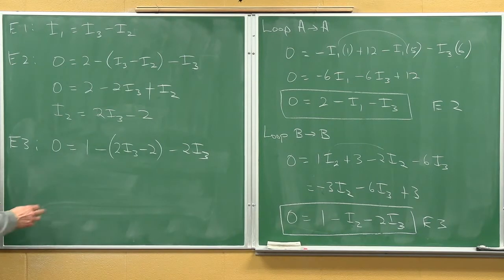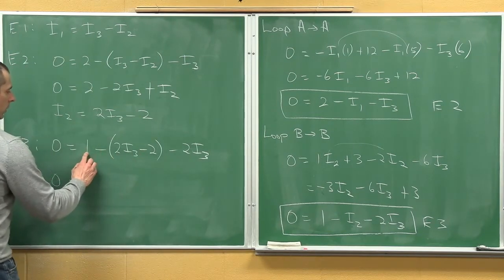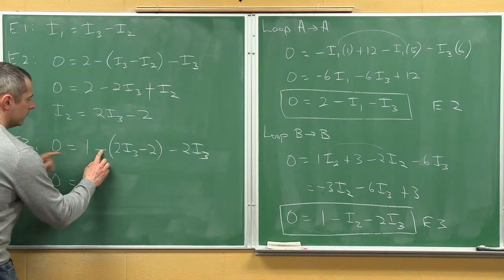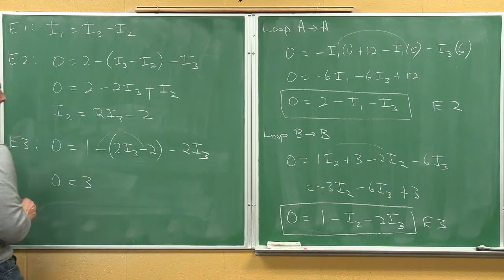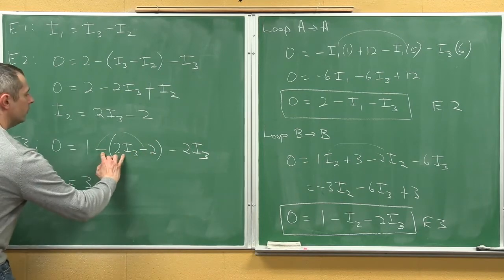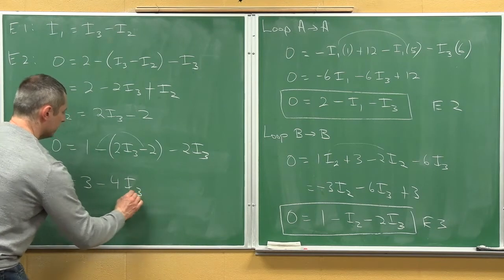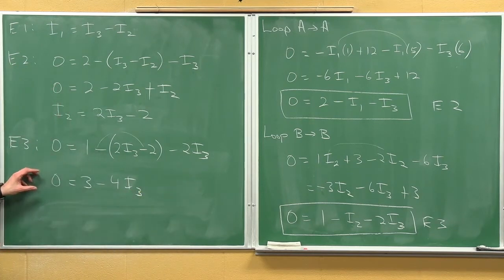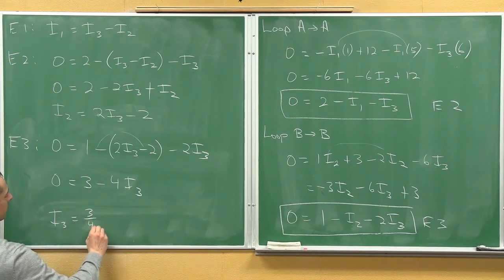All right, now this is 0 equals 1 plus 2, which is 3, when this negative goes here. Then we have negative 2I3, or negative 4I3. Subtract the 3 to this side, divide both sides by negative 4, and you get I3 equals 3/4 of an amp.